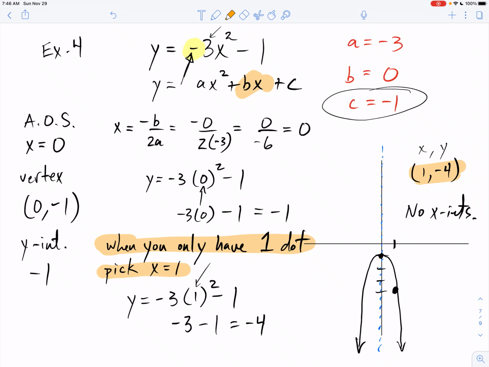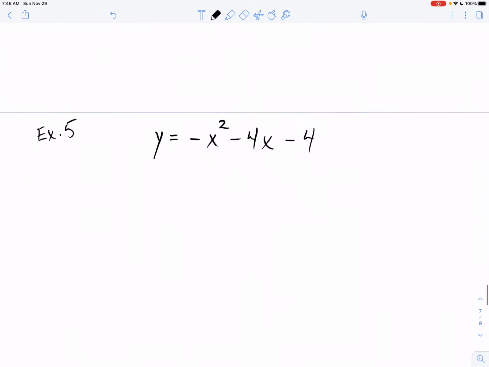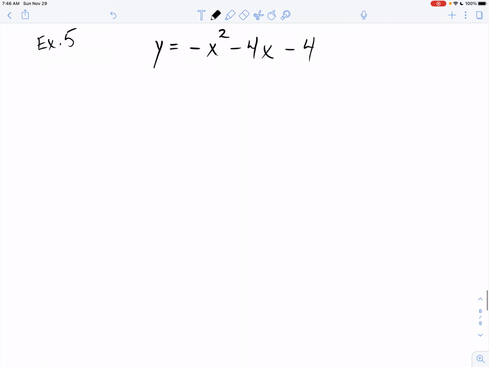Okay, guys, we have one more example because I wanted to make sure that we saw another one that had all the goods in it, but we haven't done one that has all the stuff with this guy out front. When they just put a negative out front, here's the thing. What that really stands for is there is a -1 out front.